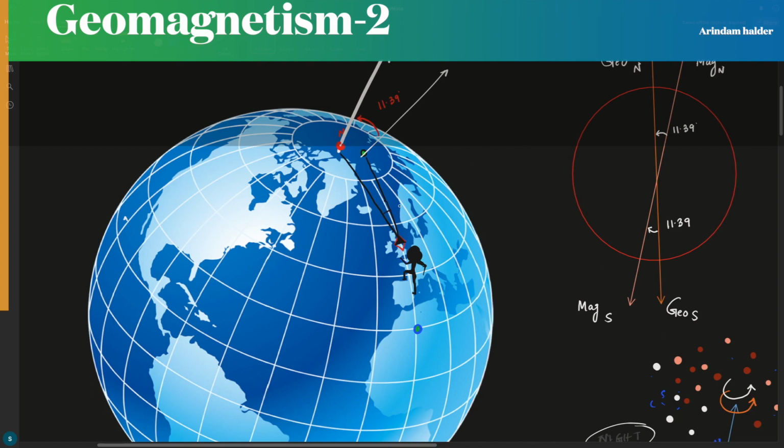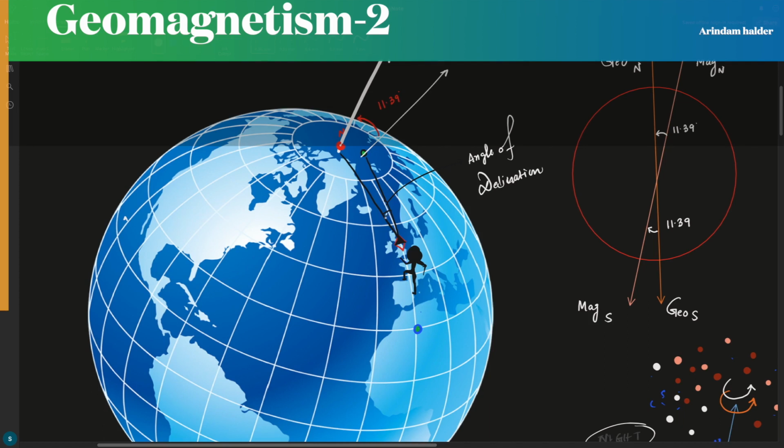This angle in the horizontal plane, the angle over the earth's surface between the geographic axis and the magnetic axis, is called the angle of declination. Okay, this is the angle of declination.